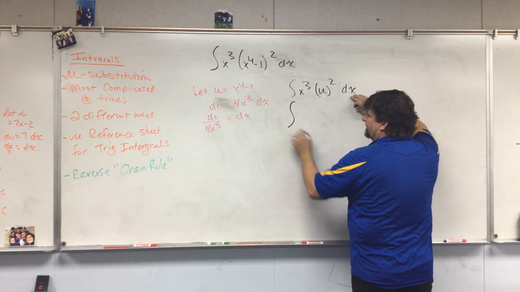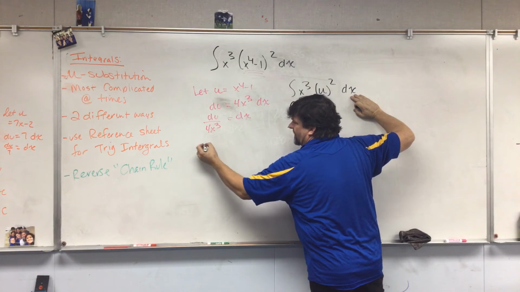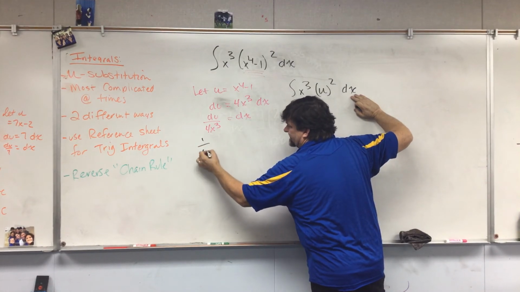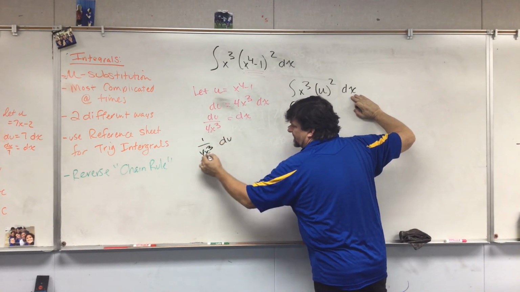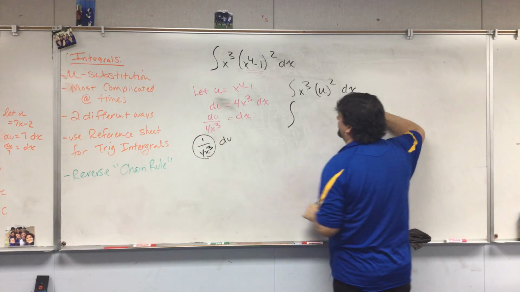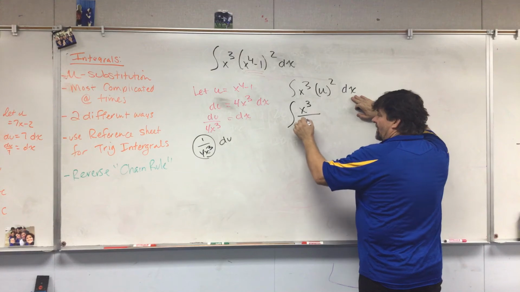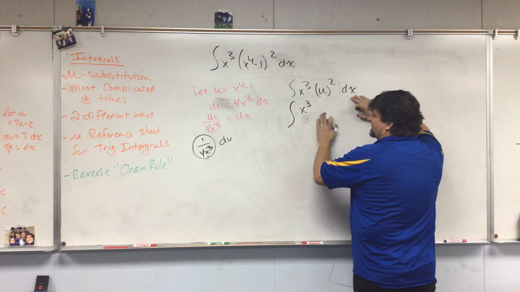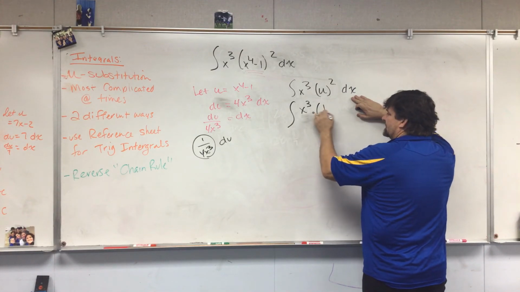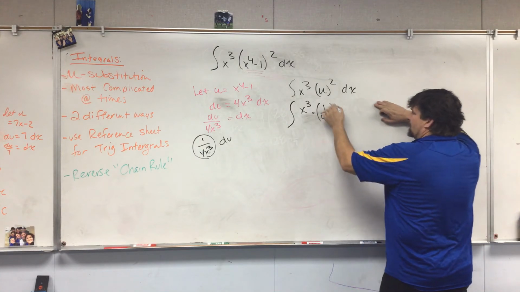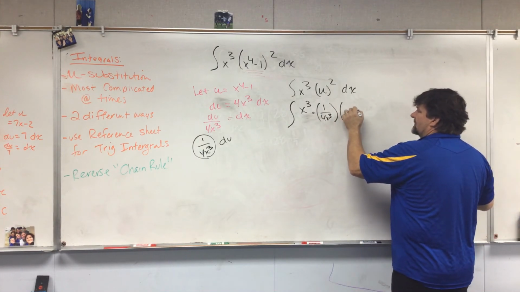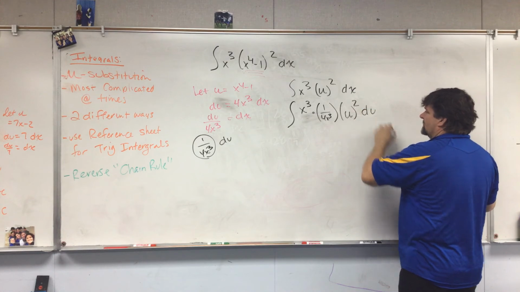So I can move this out front and make it 1 over 4x cubed du, times x cubed u squared du.